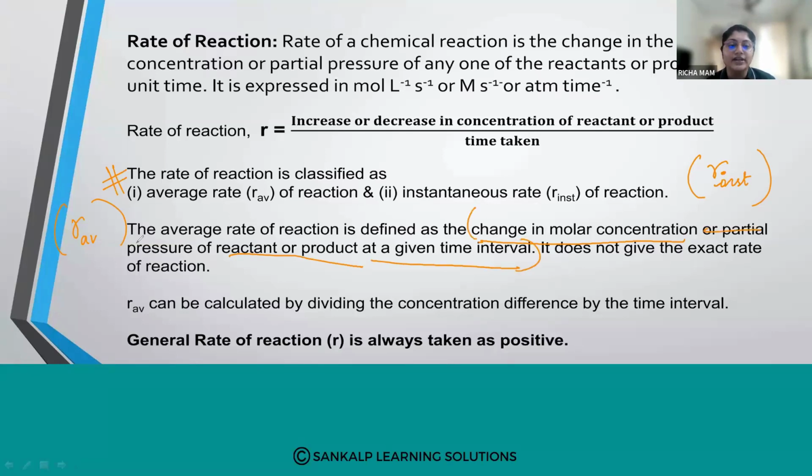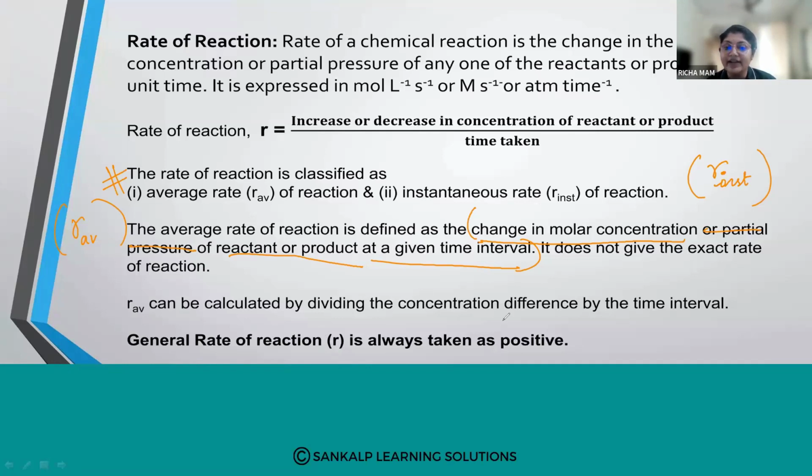Do not study with respect to partial pressure. You can study average rate as the change in molar concentration of reactant or product in a given interval. Got it? Yes.